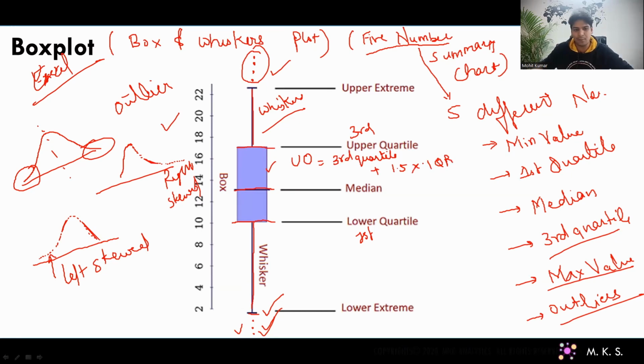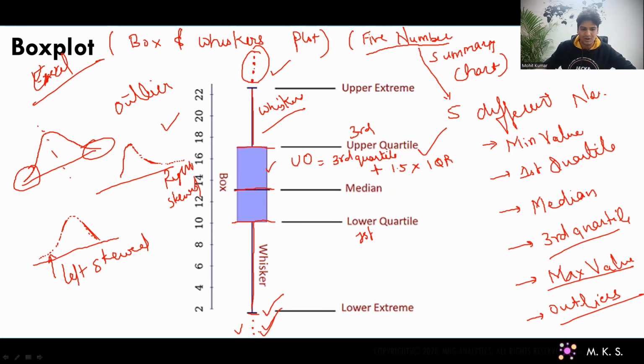We have discussed that multiple times in our video series, guys. So if you don't know, watch any of the videos in my earlier series, you will find it out, right? So third quartile plus 1.5 into IQR, interquartile range, which is nothing but third quartile minus first quartile, right? So any value in your variable which is greater than this, they will be highlighted here as outliers. Like the one I have done.